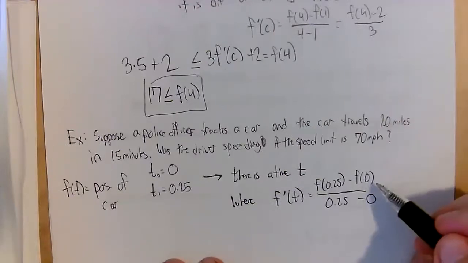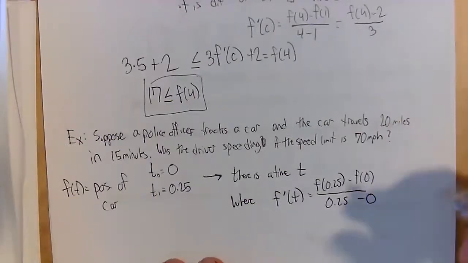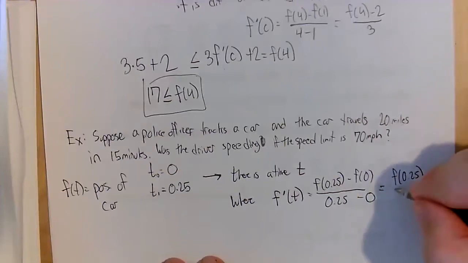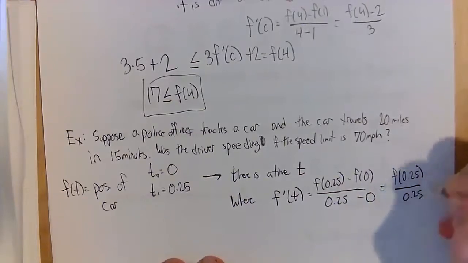Now let's mark the position where the person starts as 0. So this will be f of 0.25 over 0.25.